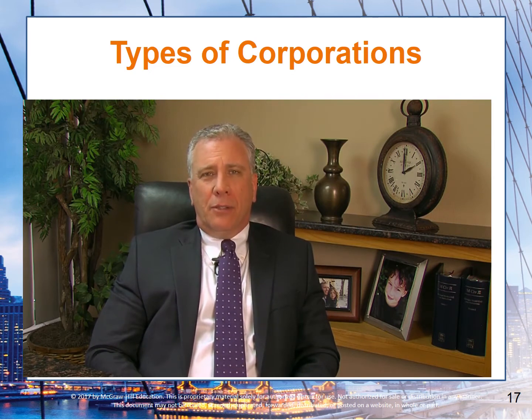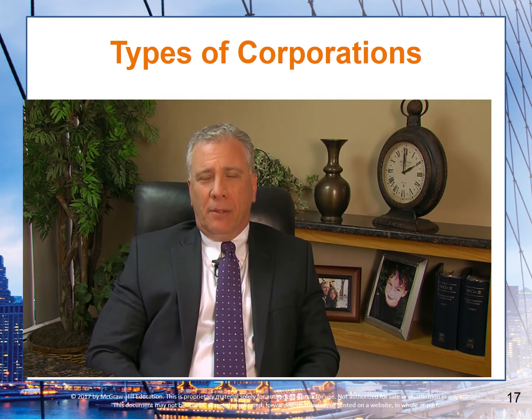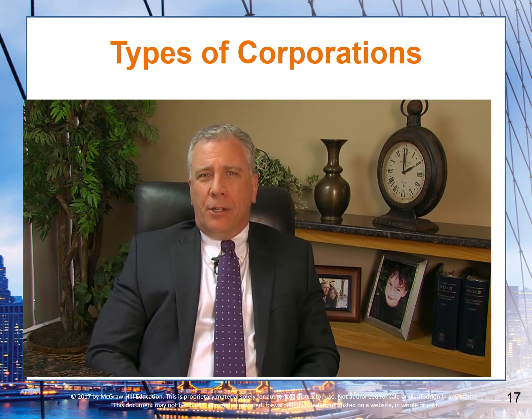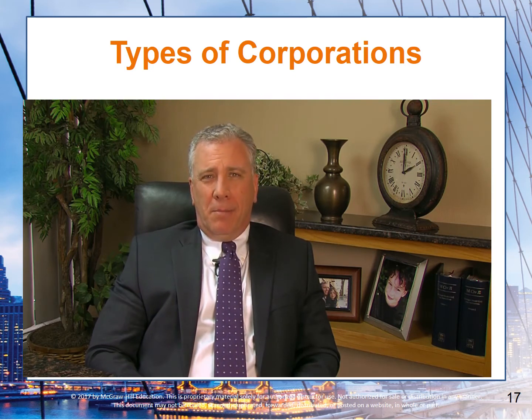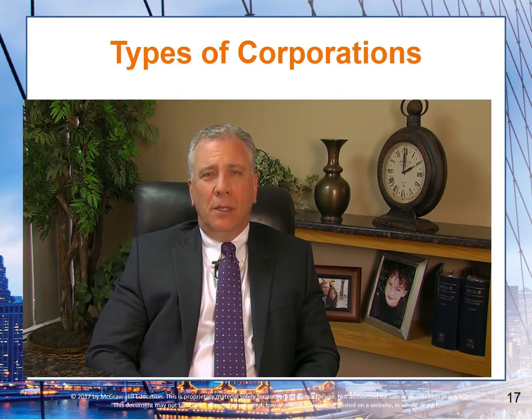So the losses or profits from the business do not flow down to the individual, and instead they're taxed at the corporate level. A sole proprietorship does not have those protections that I mentioned that I think are critical and important. And an assumed name is just a name that you register with the local county and the state of Michigan to operate your business as a sole proprietorship.